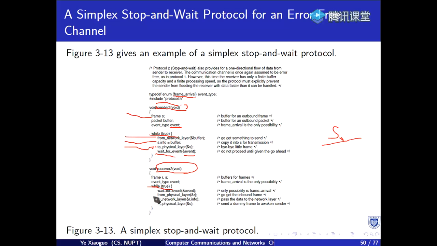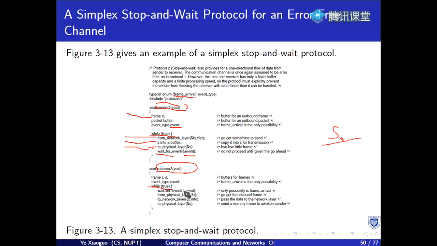While true means the receiver can receive frames from the sender again and again. Then wait for events.